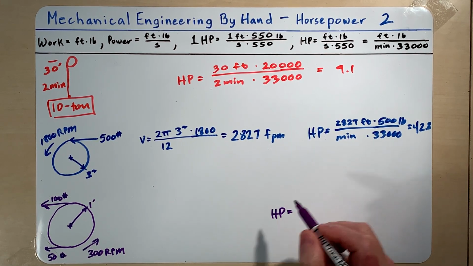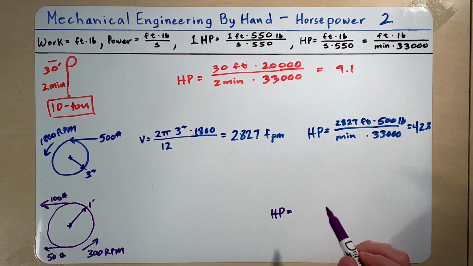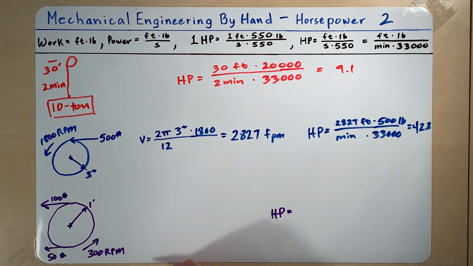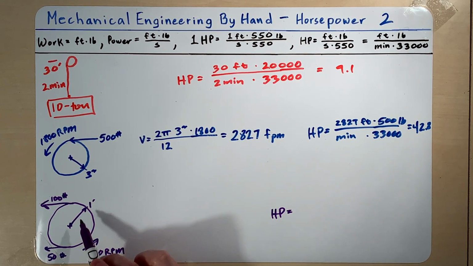Plug in our numbers. We're dealing with minutes, so we'll use this equation. Feet per minute, the velocity would be 2 pi times 1 times the 300 RPM.